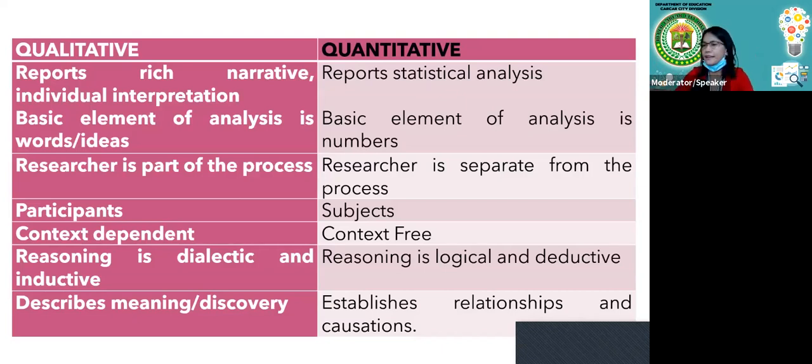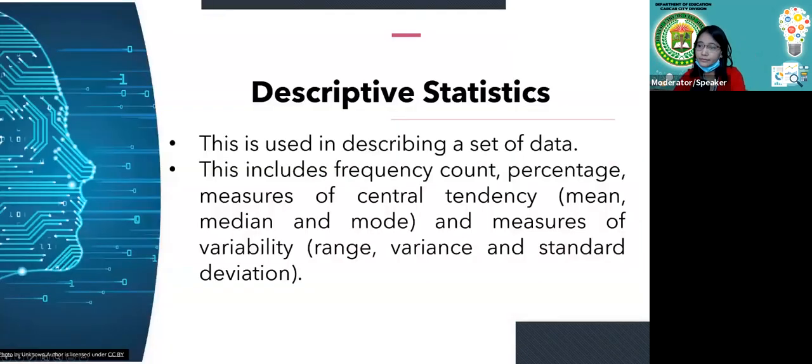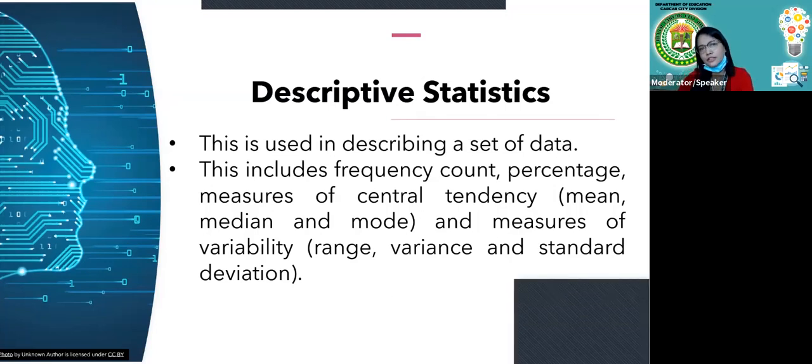Okay, next, descriptive statistics are mostly used for quantitative researches. This is used in describing a set of data. So this includes frequency counts, percentage, measures of central tendency: mean, median, mode, and measures of variability: range, variance, and standard deviation.